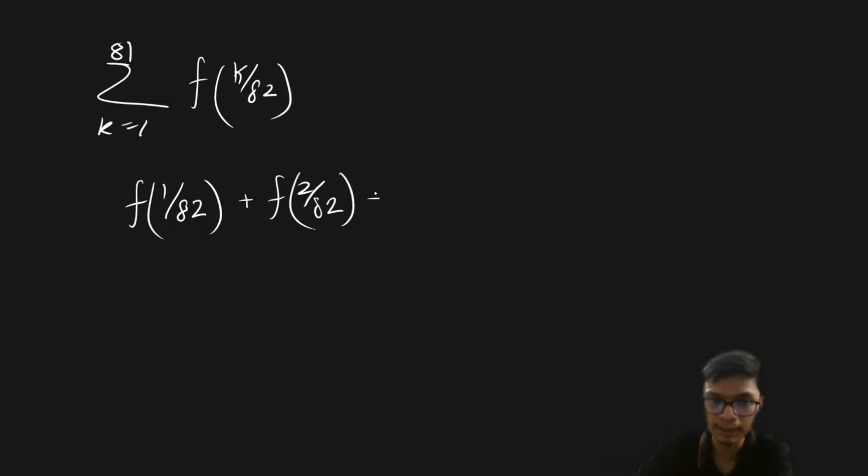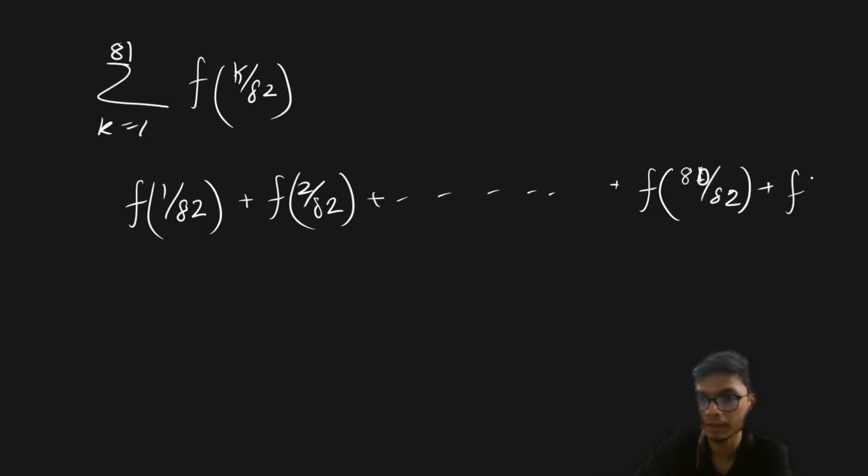Now ultimately we have to look for the summation of k from 1 to 81 of the functional value of k by 82. If you expand this, it is going to be f of 1 by 82 plus f of 2 by 82 and so on up to f of 80 by 82 plus f of 81 by 82.